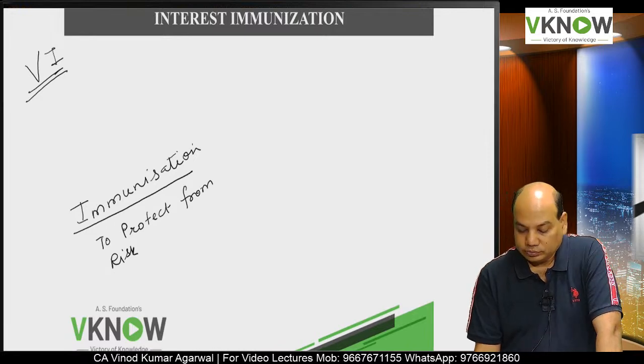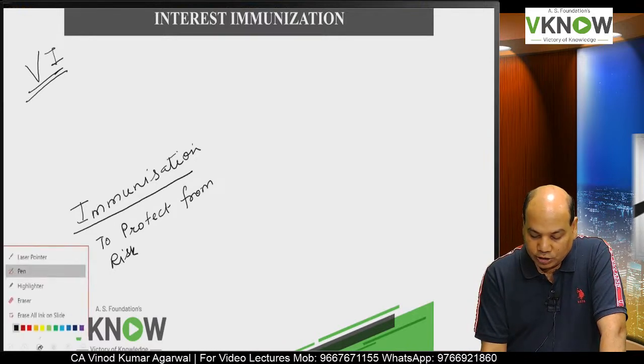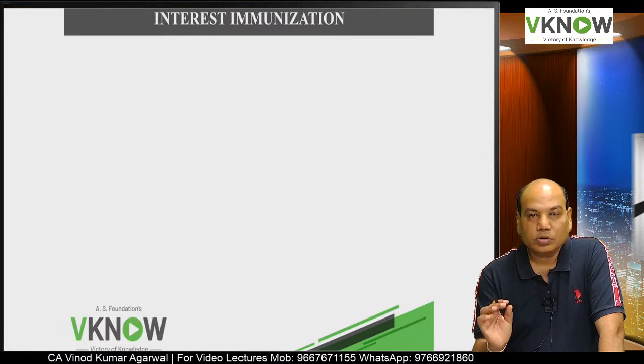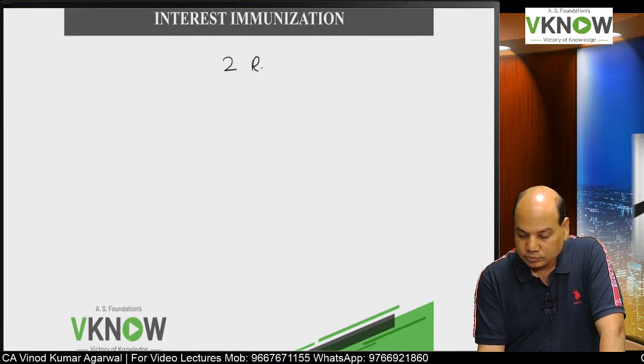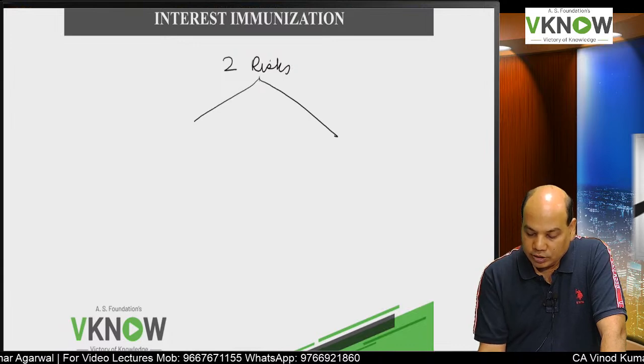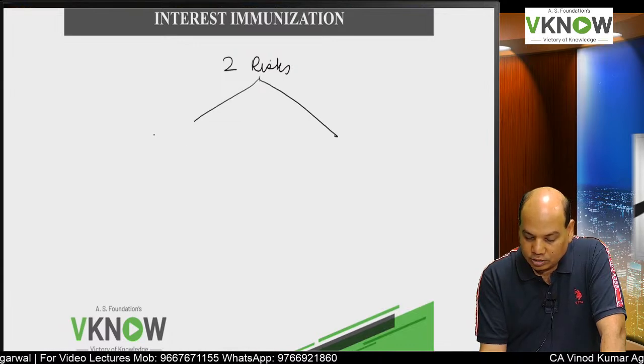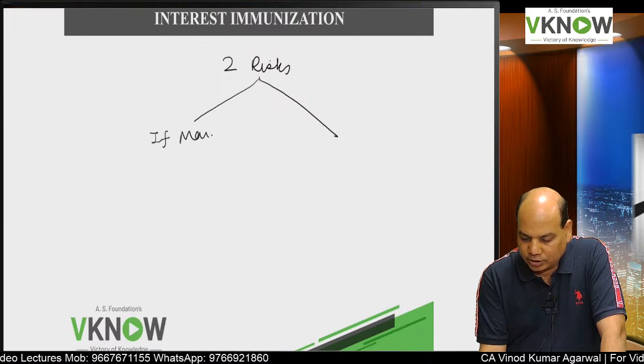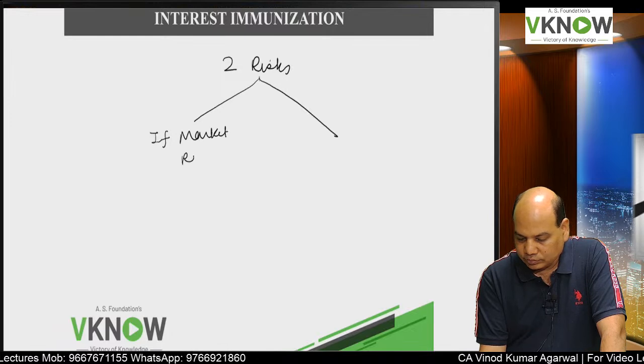Is it right? Now what is the risk of holding a bond? There are two risks of holding a bond, for the purpose of interest immunization discussion. One is that market interest rate increases.